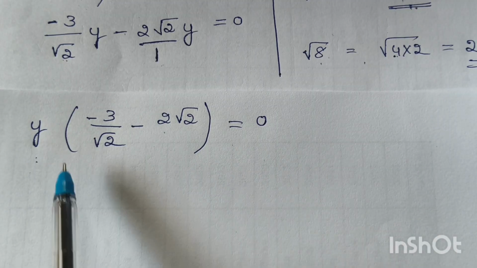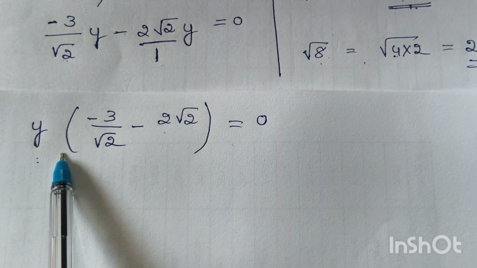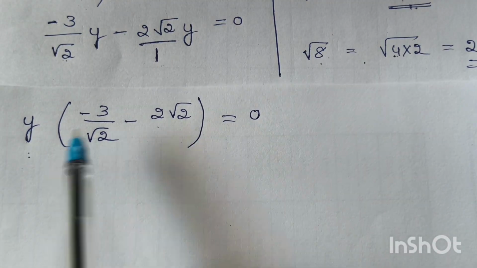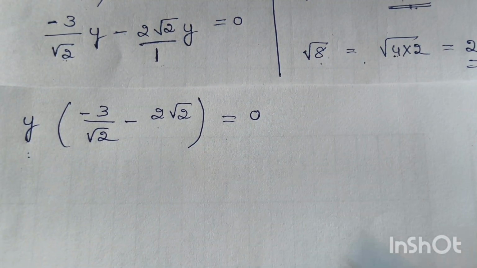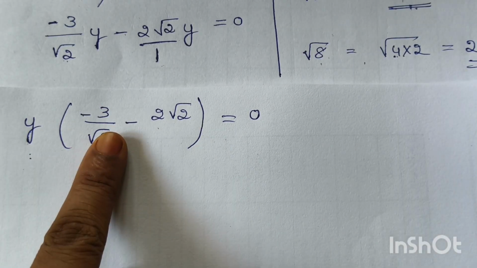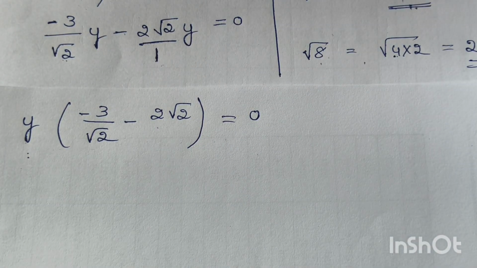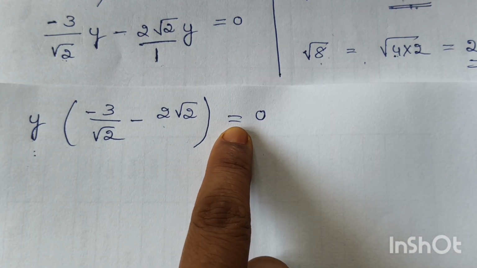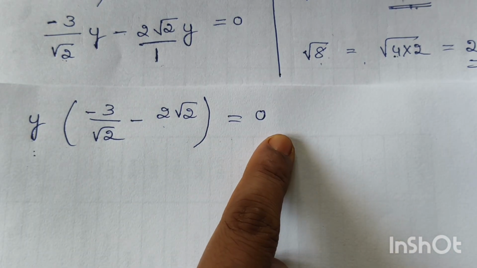This is the extra term. What is the relationship between this y and this term? It is in multiplication. Therefore, when this term crosses the equal to sign, it becomes division.